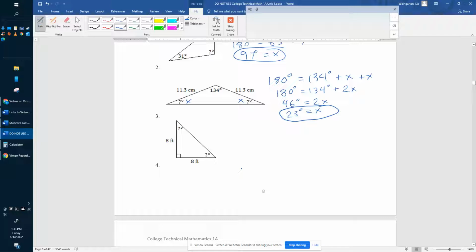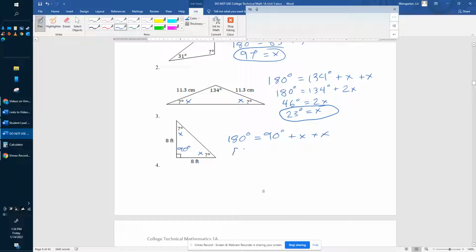How about number 4? Well, this box says that that's 90 degrees. This is x, this is x. We'll solve this the same way we solved the previous one. 180 degrees equals 90 plus x plus x.